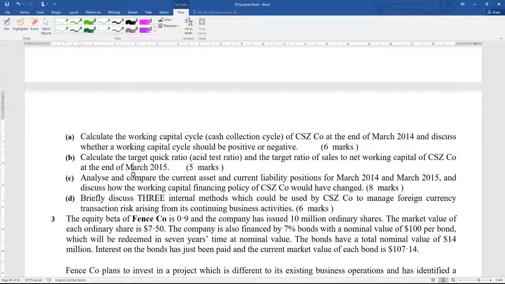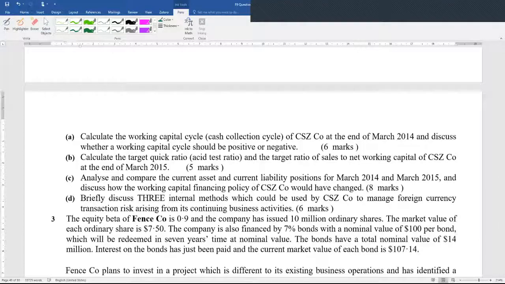Okay. I think if it's negative, then it means the company does not have payables. Think through your answer.